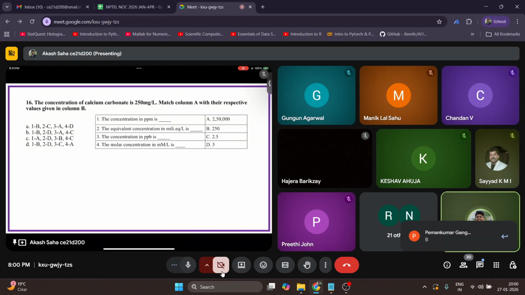Option B. Okay. Anyone else? Please try it out. Others also please try it out. If someone is facing a problem, don't worry. We will see the solution to how to convert this concentration into different forms.